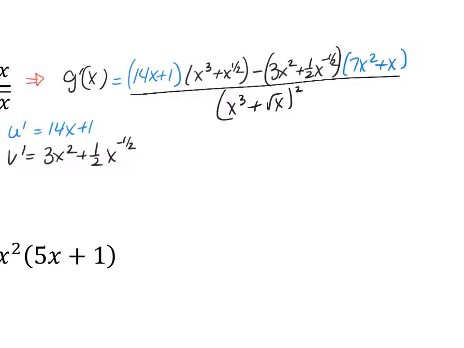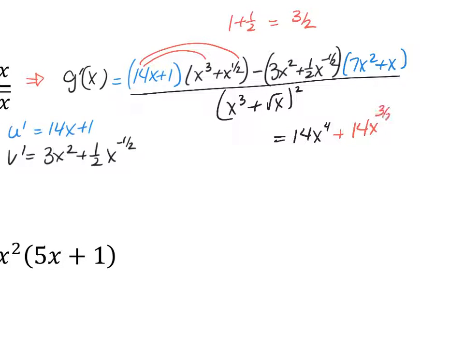Now let's do our multiplications through. So I'm going to do my first set of multiplications. I'm going to multiply these two, and I'm going to get 14x to the 4th. I'm going to multiply these through, and I'm going to get plus 14x raised to, this is 1 plus 1/2, so it's 3 over 2.